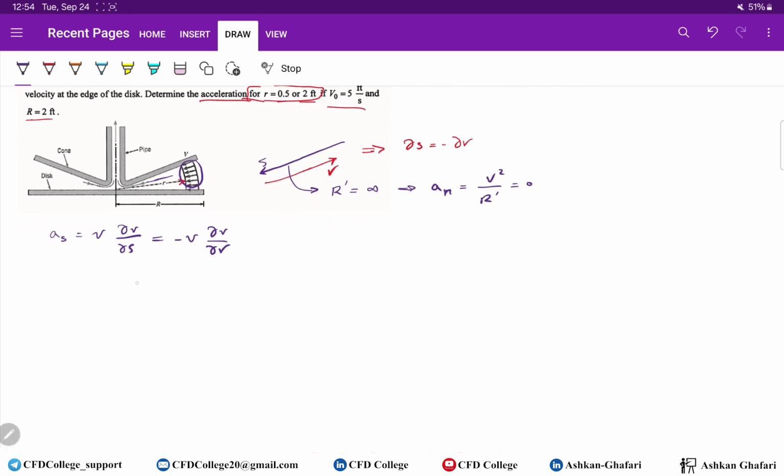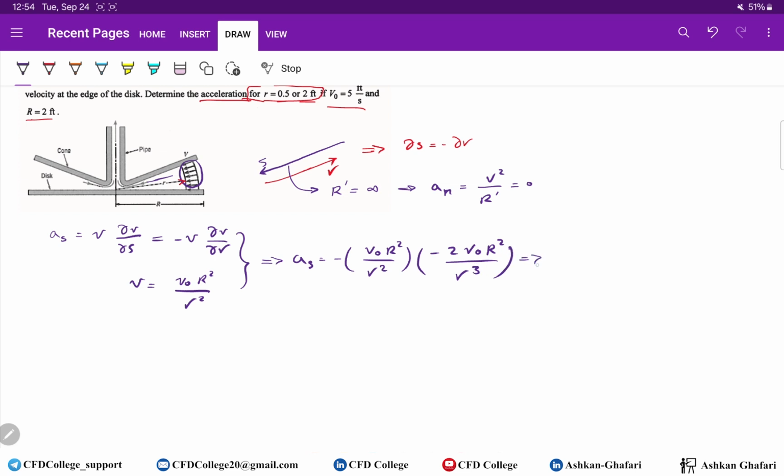Okay, we know velocity equals v naught R squared over r squared, and from these we can find as equals minus v naught R squared over r squared times the derivative of velocity with respect to r, which is minus 2 v naught R squared divided by r to the power 3.